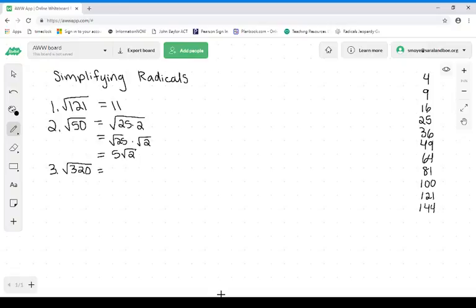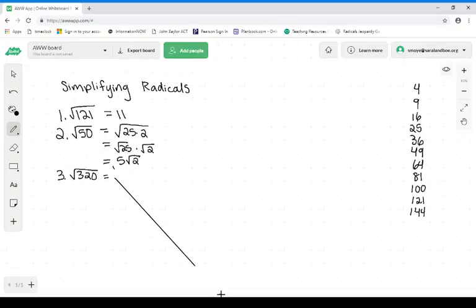And so what we know is if we break this apart, we should have the square root of 16 being multiplied by the square root of 20. Now at this point, I'm thinking I may not have found the largest perfect square. I know 16 is a perfect square, so what I need to do is look at this 20.